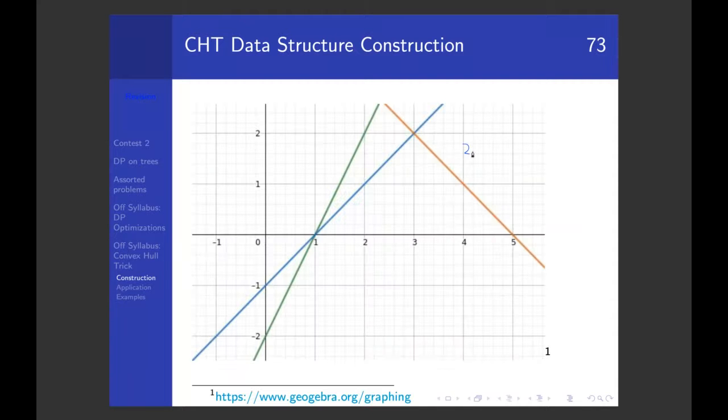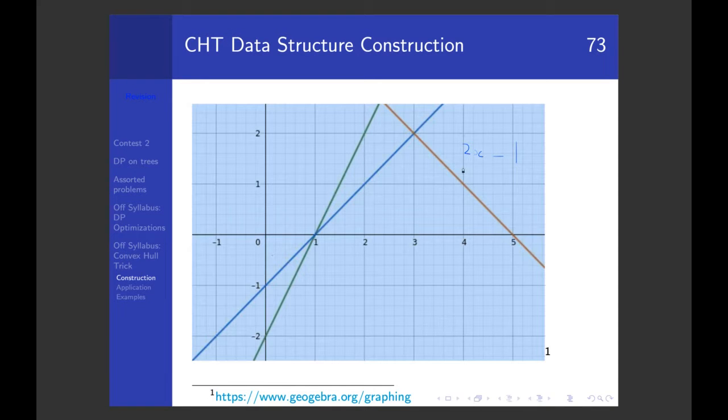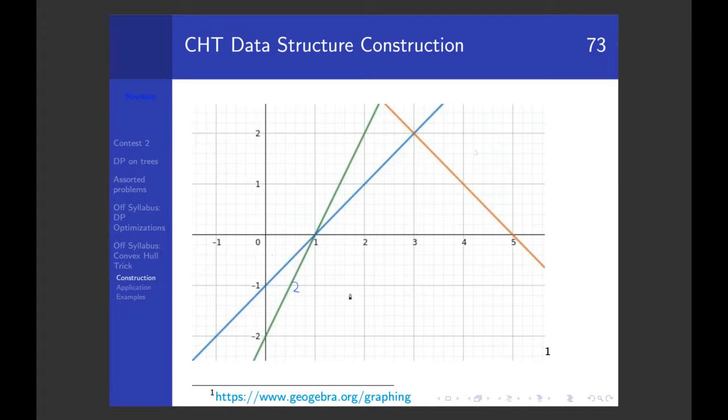That's this here, the orange one. The green one is what? We have x take 1. It's not 2x take 2. Right, that's not how lines work. This is 2x take 2. I forget how lines work. This one here is x take 1.